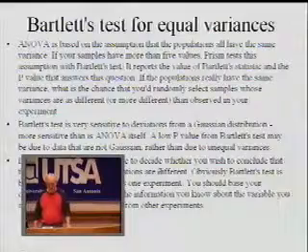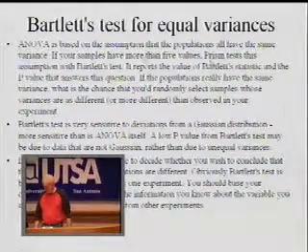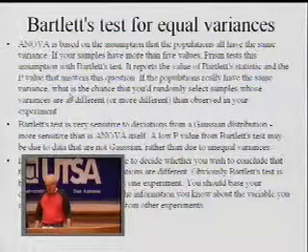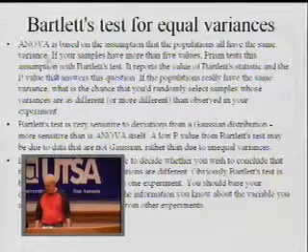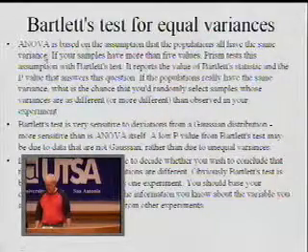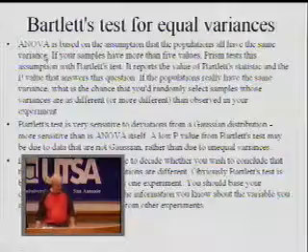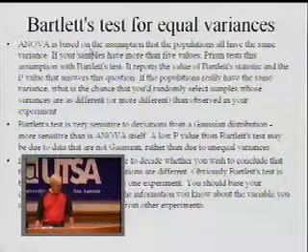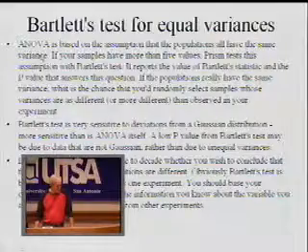The program that I use is called the PRISM program. I've shown you this once before for the estimate of the sample size and the power analysis. A Bartlett's test for equal variances is run. Let me read through this so you can understand what this contributes. The ANOVA is based on the assumption that the populations all have the same variance.